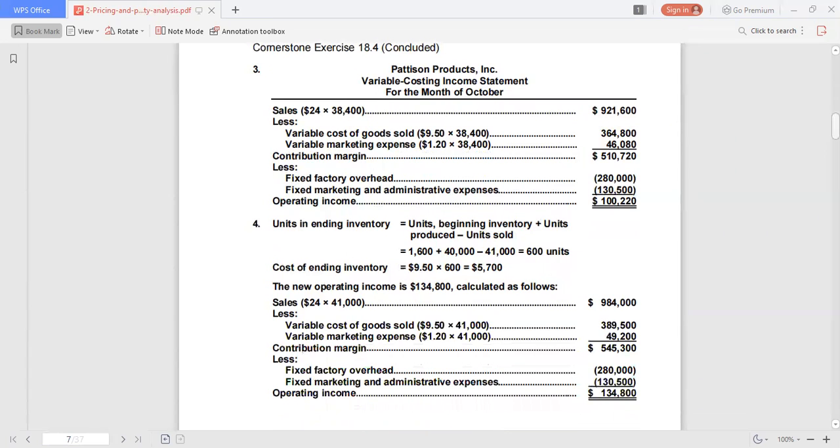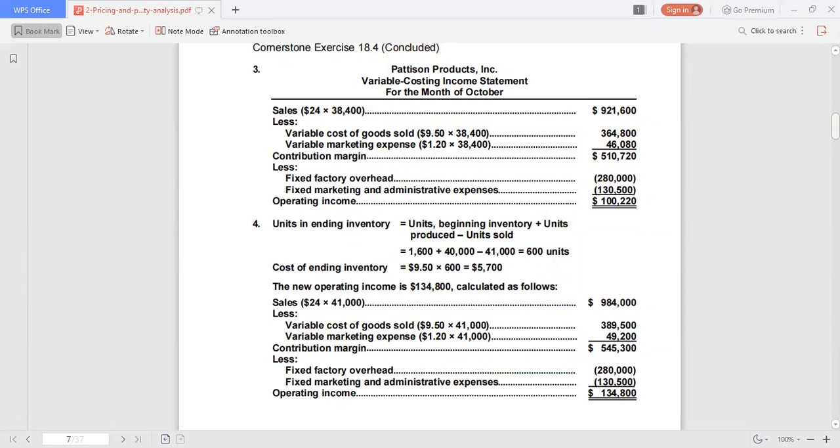And the operating income by using variable costing is 134,800. So again, our guideline is if sales exceeds production, that is in November, when sales totaled 41,000 while production only 40,000. So if sales exceeds production, our net income under variable costing is higher than that under absorption costing. And that applies to the month of November.